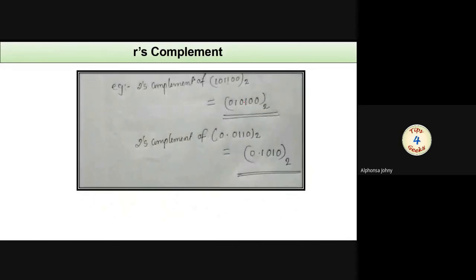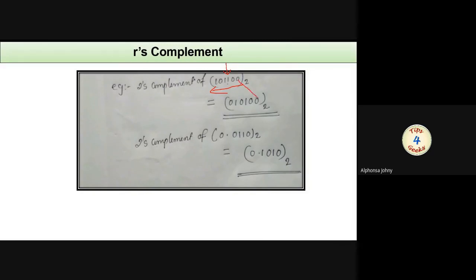Two's complement of 10110 to the base 2. We have to move from right to left. The first non-zero digit is 1. Up to this position, we have to write these digits to the answer without any change.